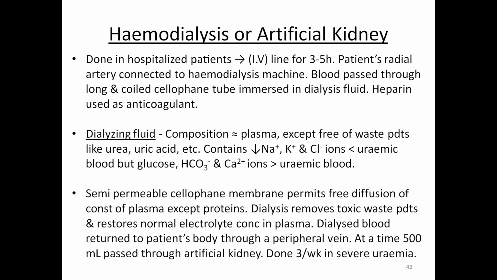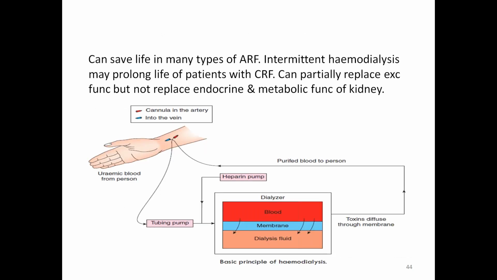Inside the machine, the blood is passed through a long and coiled cellophane tube immersed in a dialysis fluid. So have a look. See here. Heparin is used as an anticoagulant while passing the blood through the machine.